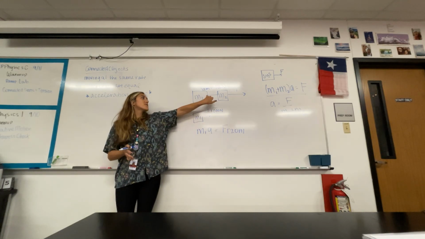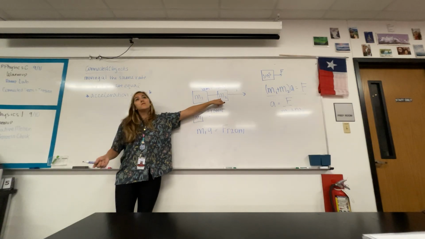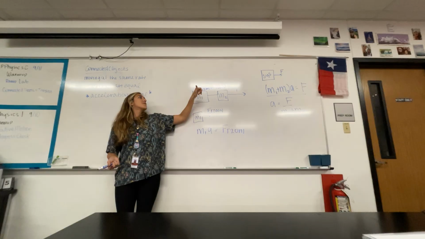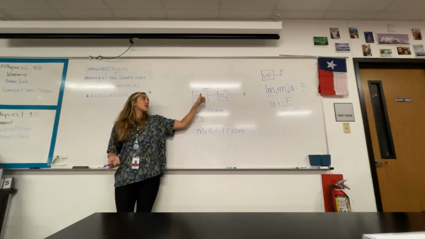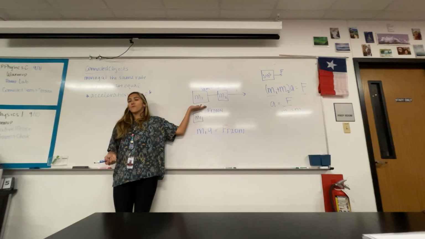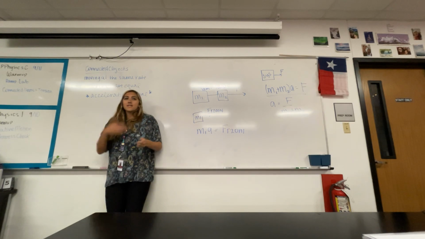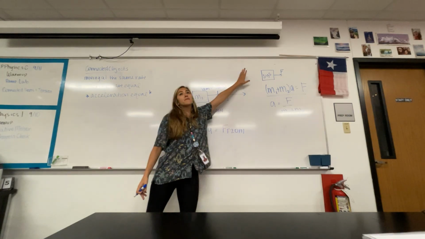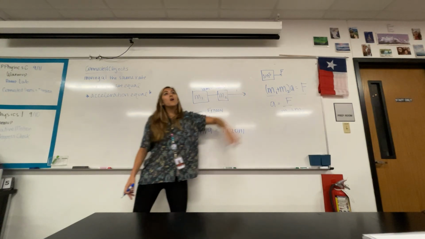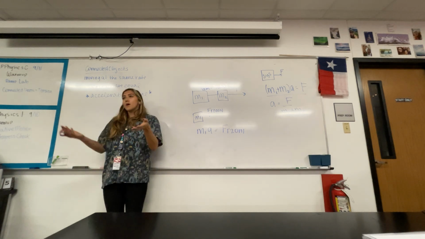Since I know that the force on box 1 from box 2 is equal to the force of box 2 on box 1, I can solve for the box with fewer forces. That's typically what I do. So again, in a system of boxes, my best first thought is to solve the system first, then I'll always choose the box with less happening, unless they tell me which box to look at.